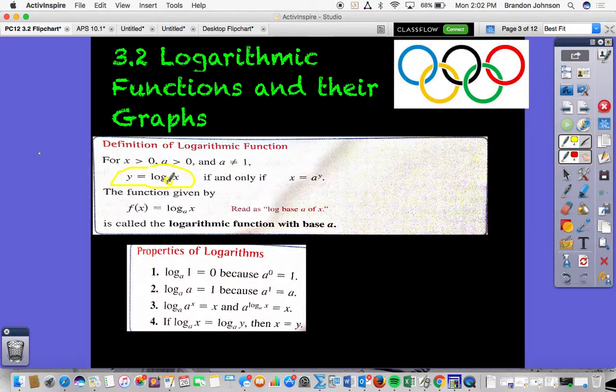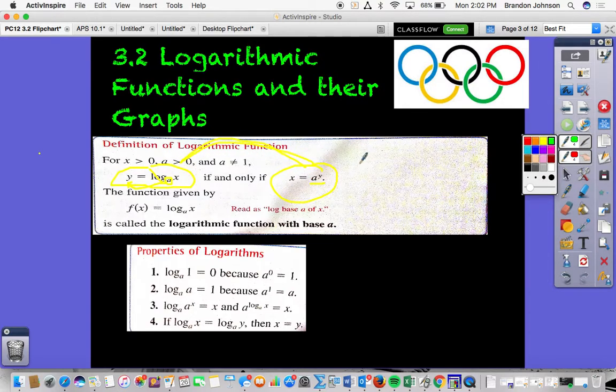We do this by taking a and shooting it to the left-hand side, making it now a. Again, the base of the log, in this case a, is the same as the base of the exponential. So we would say that this is x, and then once we shoot the a over, we drop the log. We say a to the y equals x, okay? A to the y equals x. And we would say that these two are of the same value.